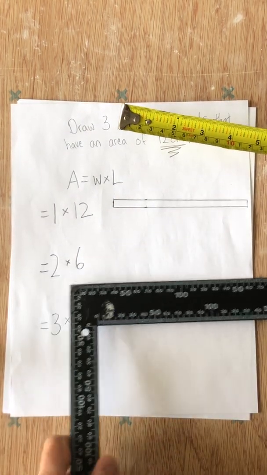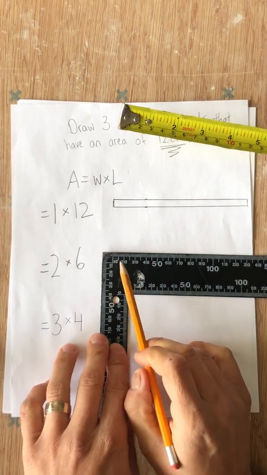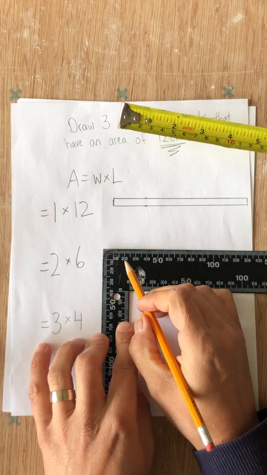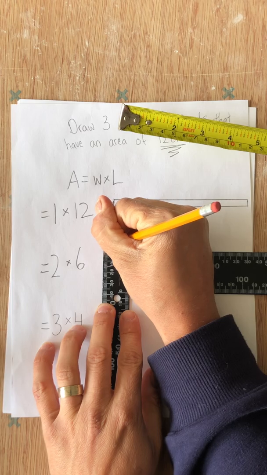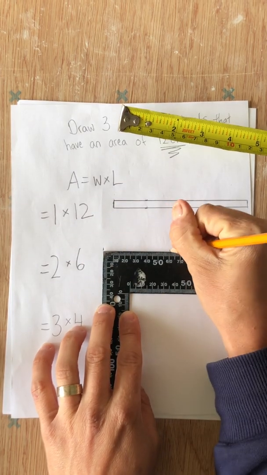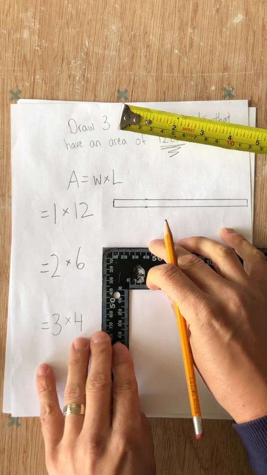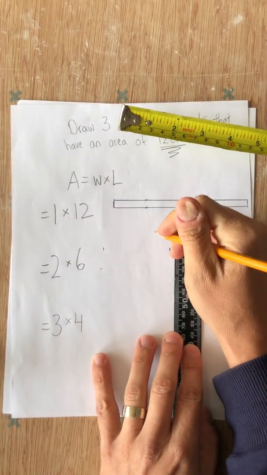Let's do, I'll use this. So this is in millimeters, but 10 millimeters, that's a centimeter. 20 millimeters, that's 2 centimeters. So I'll just use this just so that we can go a little bit quicker. Okay, so there we go to 60. So there's 6 centimeters, 6 centimeters wide by 2 centimeters this way.